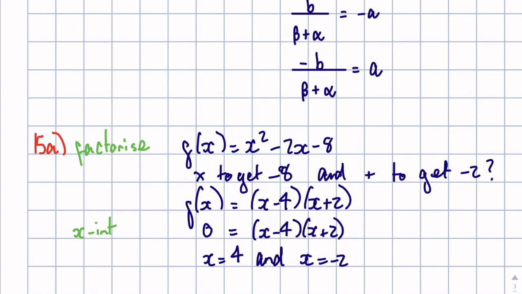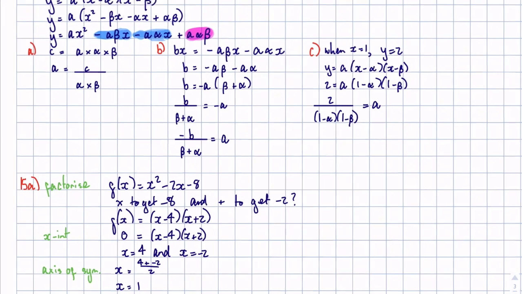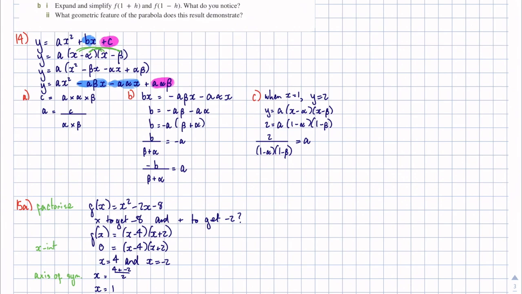Oh, why did I put that bracket there? That was weird. And the axis of symmetry, halfway between the x-intercepts, so x equals 4 plus negative 2 over 2, which gives me 1. Okay, I've found the equation of the axis of symmetry, it's x equals 1.